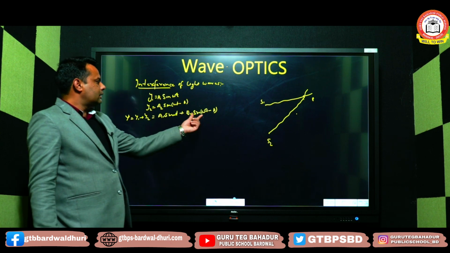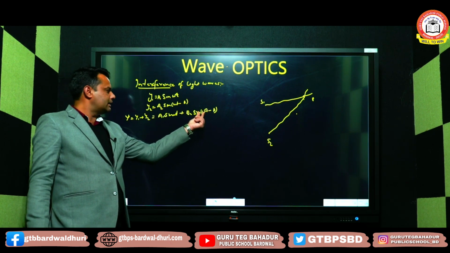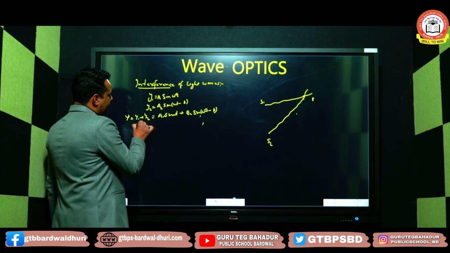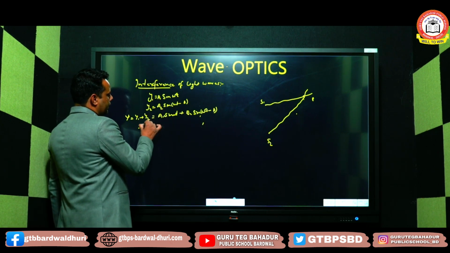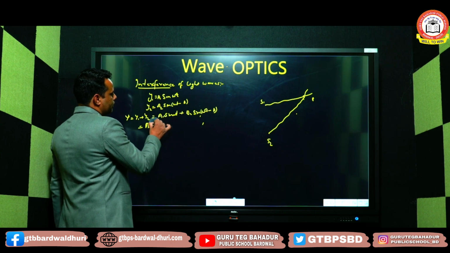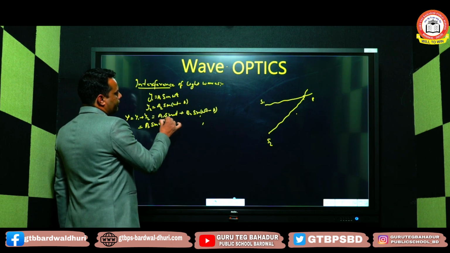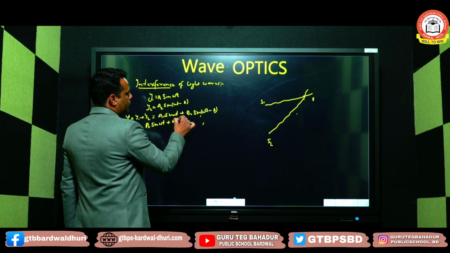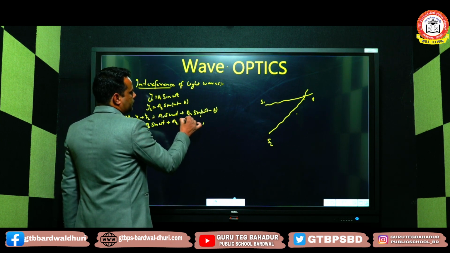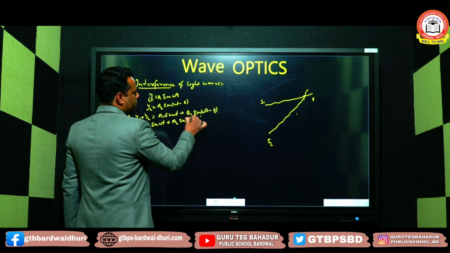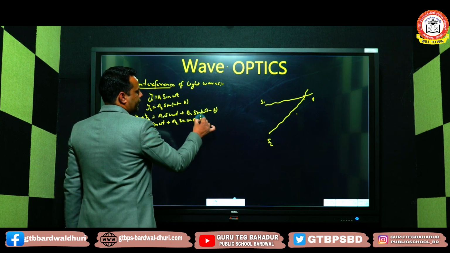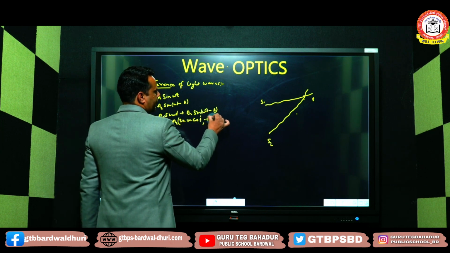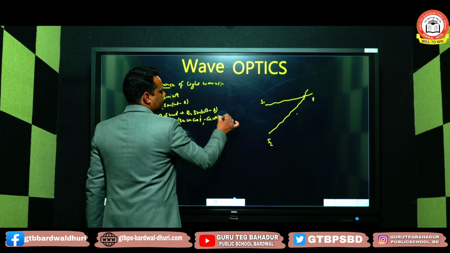Now for this sine of omega t minus phi, as it is sine A minus B, by using the identity I can write it down: a1 sine omega t plus a2 into sine omega t cos phi minus cos omega t sine phi.